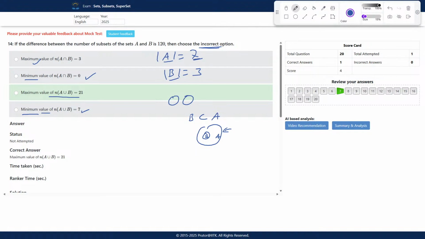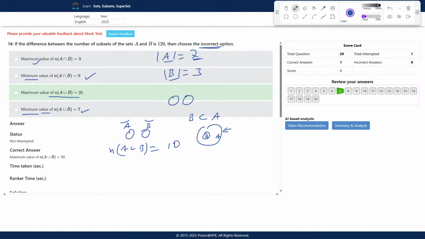Why? Because for A union B, suppose you are having two distinct sets, the best case is to have two distinct sets A and B, meaning no common elements. Now A union B will have how many elements? The total elements from this and total elements from this. So you will have total 10 elements.